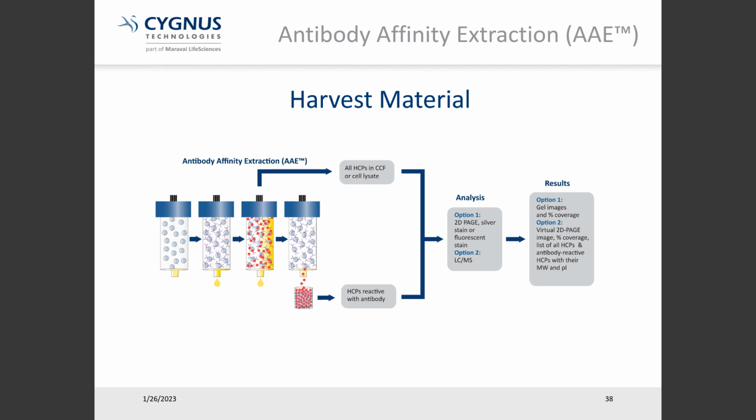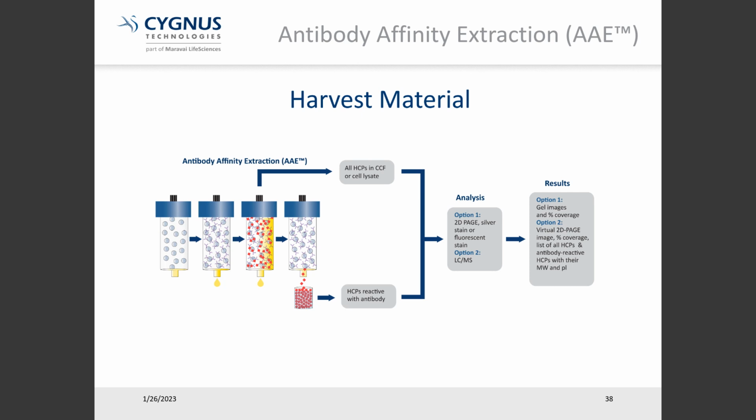We take the remainder of that material and pass it over our column containing our host cell protein antibody. We wash the column to baseline, and then we do an elution. Typically we do 4 full cycles of this so we can make sure that we get enough host cell protein for downstream analytics. We take our 4 elution fractions, we pool them, we concentrate and buffer exchange.